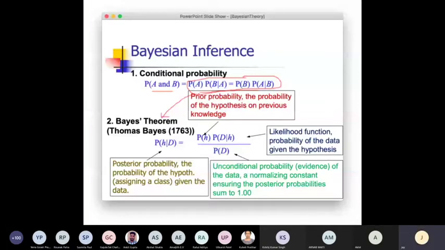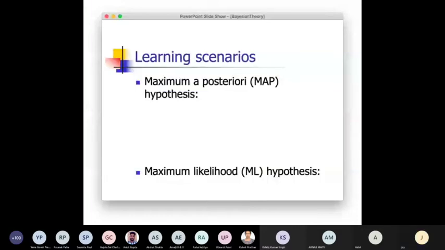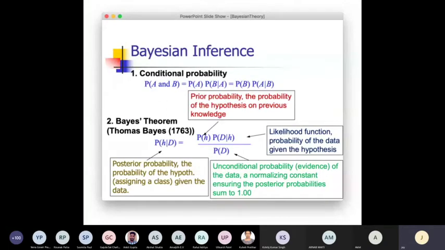So there are two learning scenarios. If I consider this Bayesian theorem, it gives us two options of taking decisions about a class for an instance. One scenario is the maximum a posteriori hypothesis. From the term, you understand that we have told what is posterior. I just mentioned, this is the posterior probability.